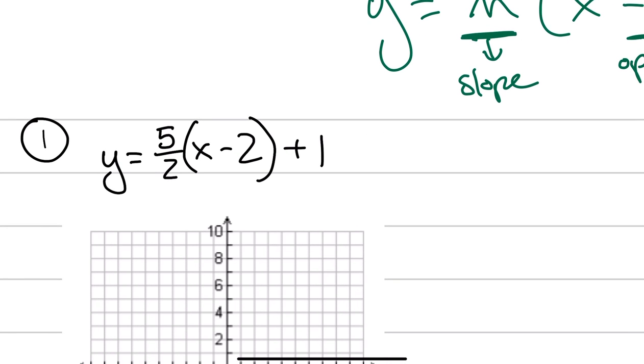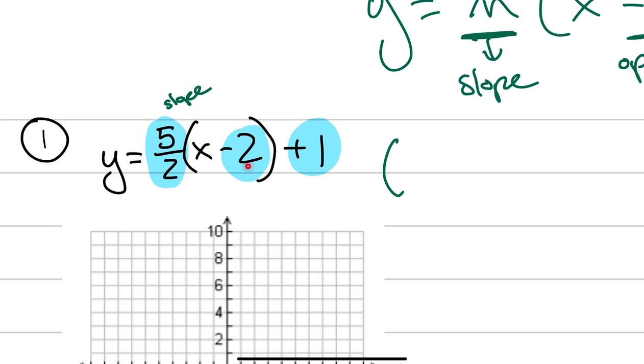So we have y equals 5 over 2 times x minus 2 plus 1. Alrighty, so let's pick out a couple things here. We have our slope, that's going to be 5 over 2. Then we have our h and our k. So this has our negative 2 coming first.